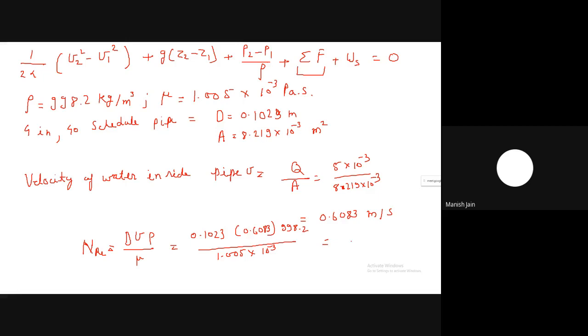Once you solve this expression, you will get 6.181 multiplied by 10 to the power 4. This is the value of the Reynolds number, so it is in the turbulent region. So the flow is turbulent.